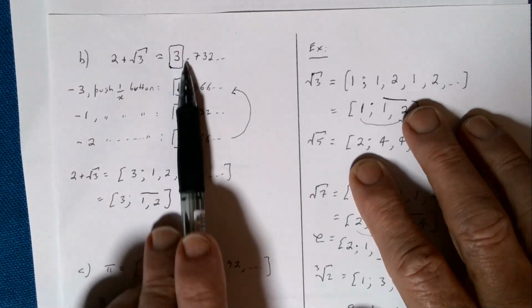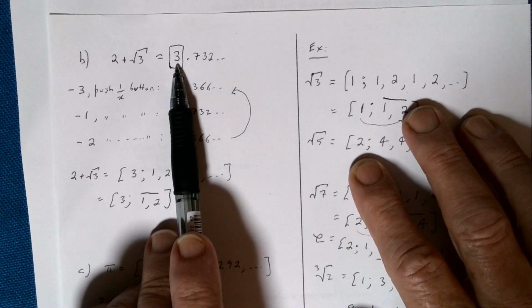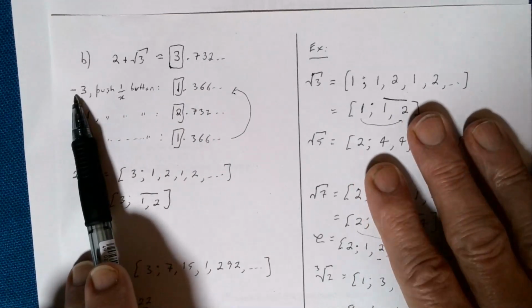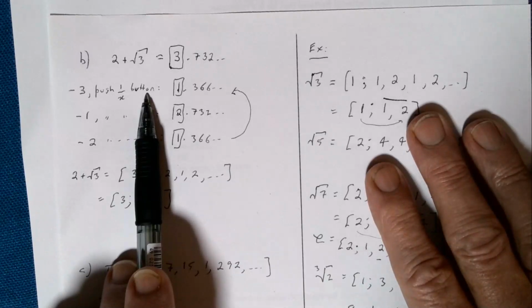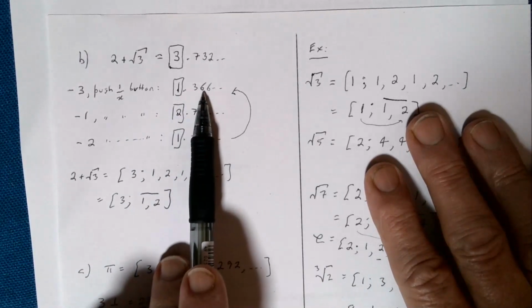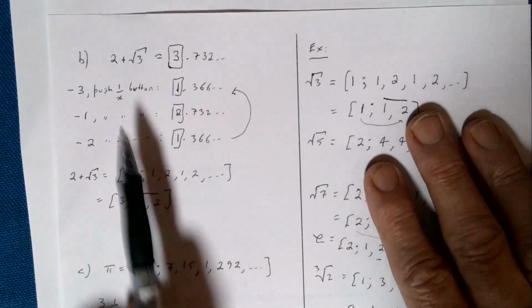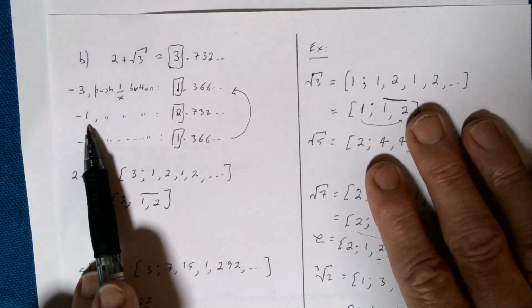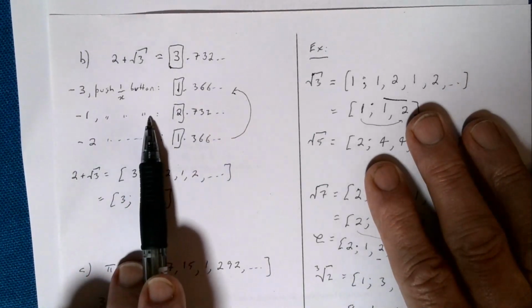Keep the 3, copy down the 3. Now on your calculator, take this number and subtract 3. So you take this minus 3 and then push the 1 over button on your calculator. You should see 1.366... Keep the 1, copy down the 1, subtract 1 from this on your calculator, push the 1 over button.